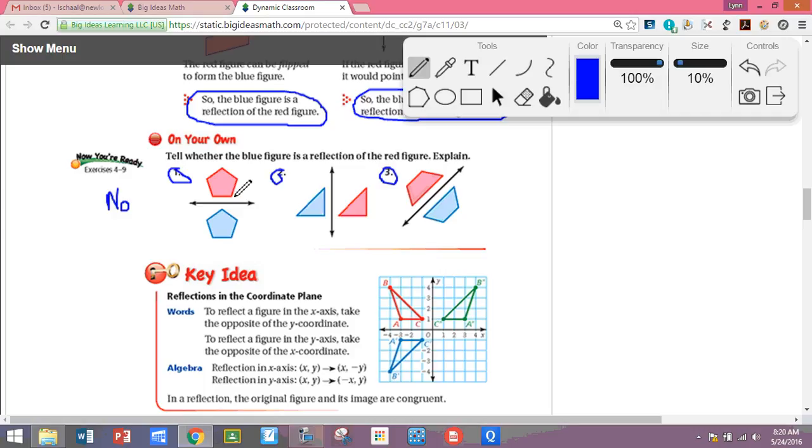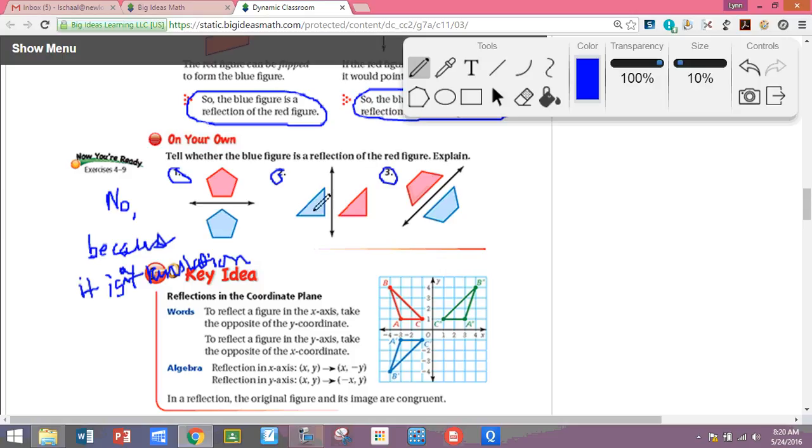It is not a reflection because it really is a translation. I really want you to use the vocabulary. You are sliding those points down, so therefore it is not a reflection.